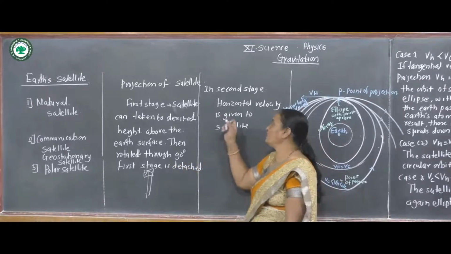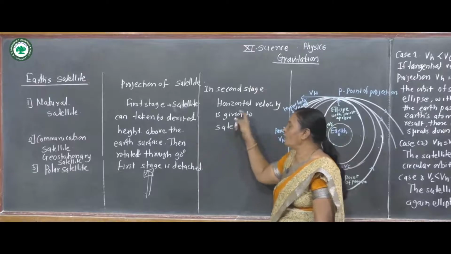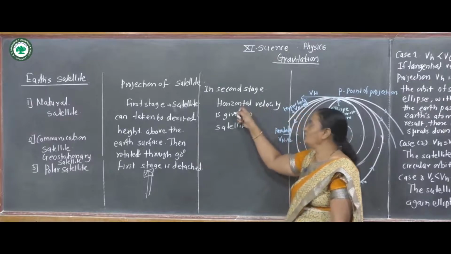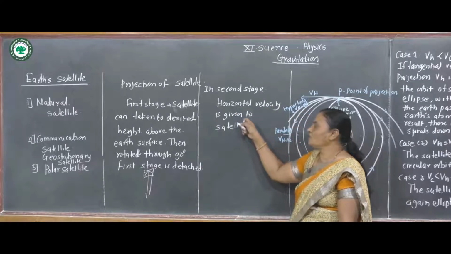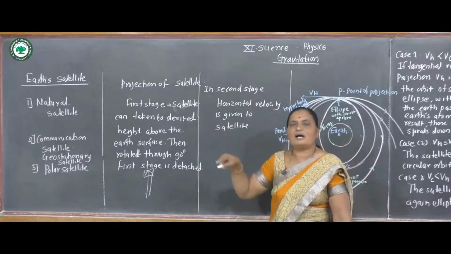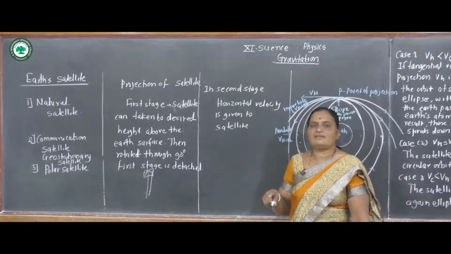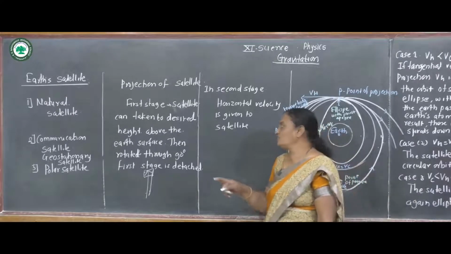Now in the second stage, a horizontal velocity is given to the satellite so that the satellite revolves around the Earth, and this velocity is called critical velocity or orbital velocity.